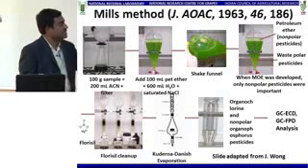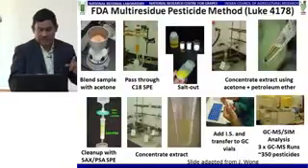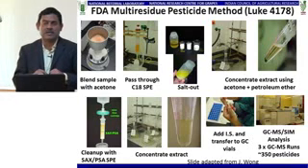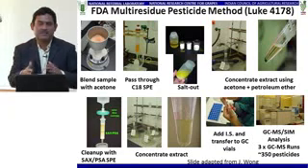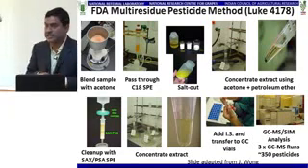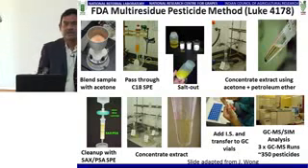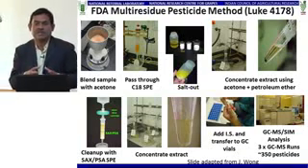After that the Luke method came, because this earlier method was not so good for relatively polar pesticides. It was quite good for chlorinated hydrocarbons like DDT, aldrin, heptachlor, and that entire group, because those compounds are highly lipophilic.